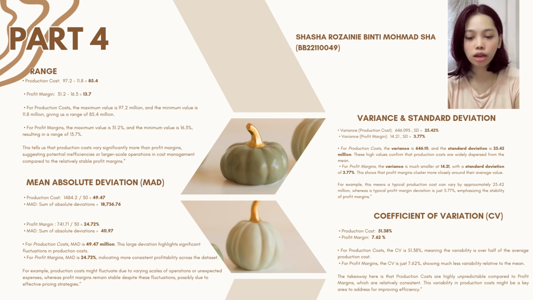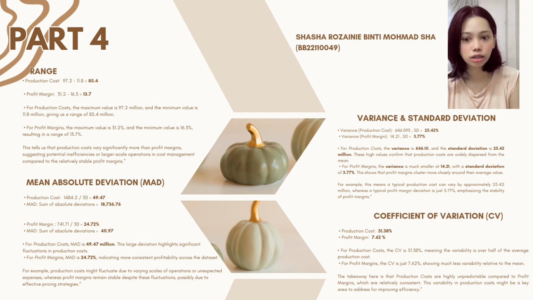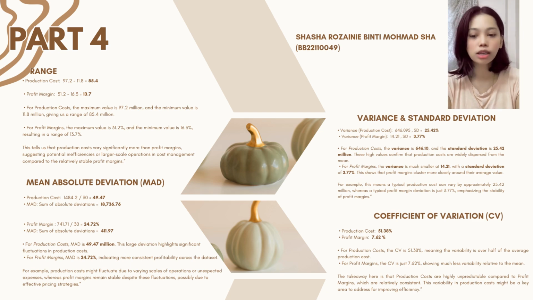Now let's look at variance and standard deviation, which measure how spread out the data points are. For production cost, the variance is 6.10 and the standard deviation is 35.42 million.